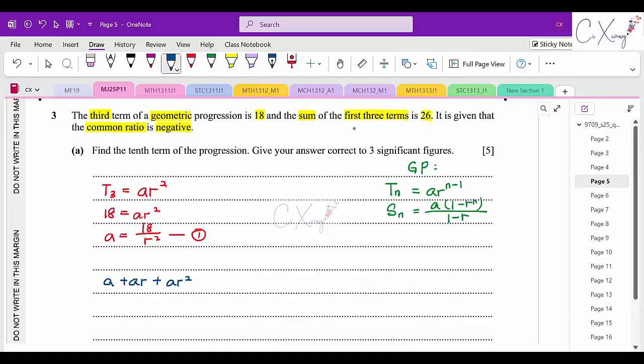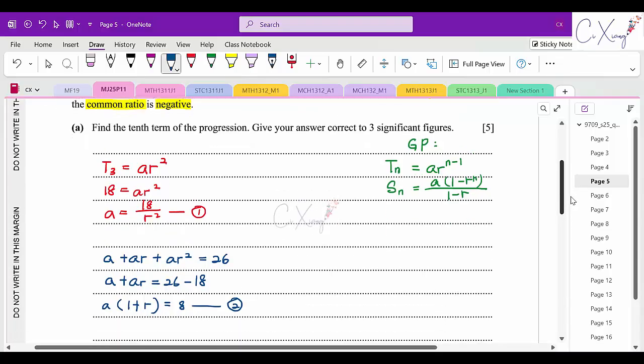When you add these three terms together, it should equal 26. Then I realized that I know the value of AR squared, which is 18. I substitute 18 here, and the equation becomes A plus AR equals 26 minus 18. So I get A times (1 plus R) equals 8. I will treat this as the second equation.